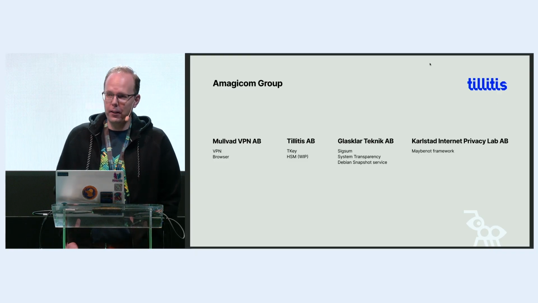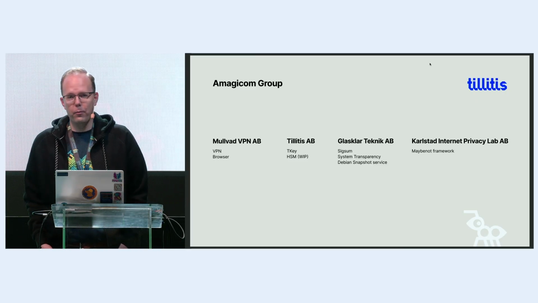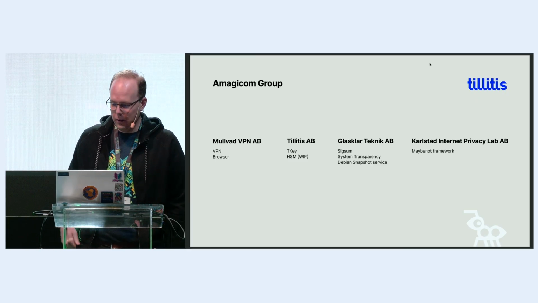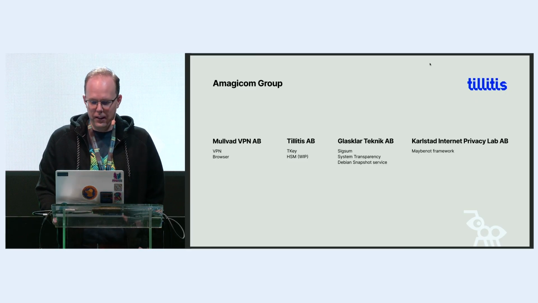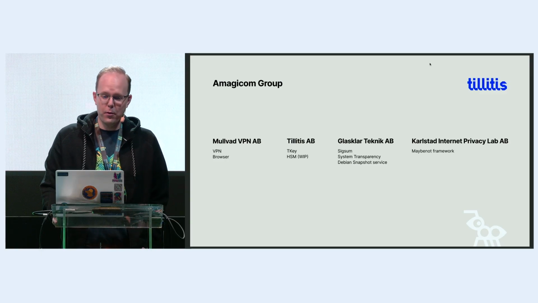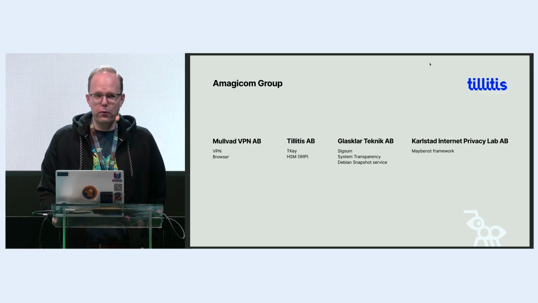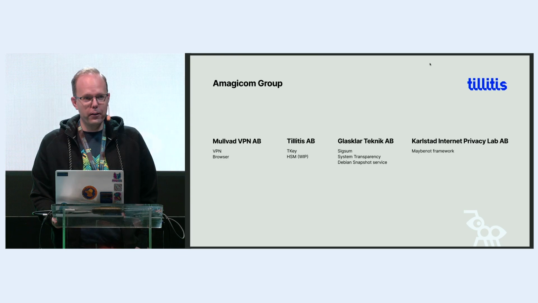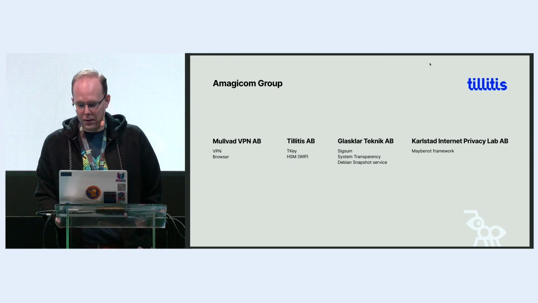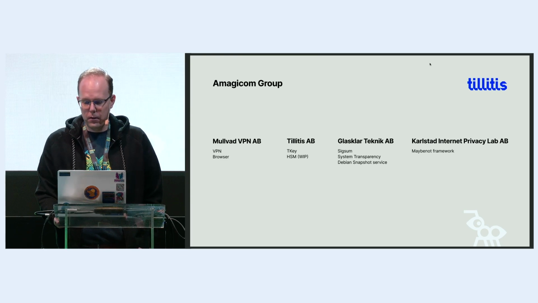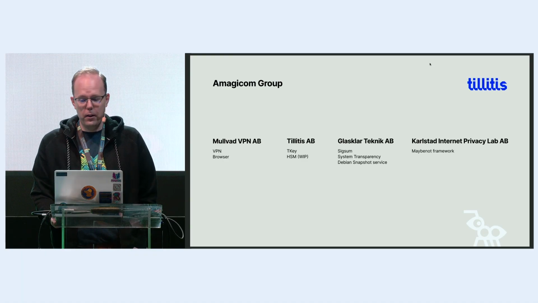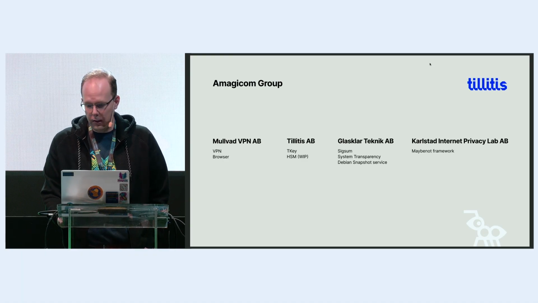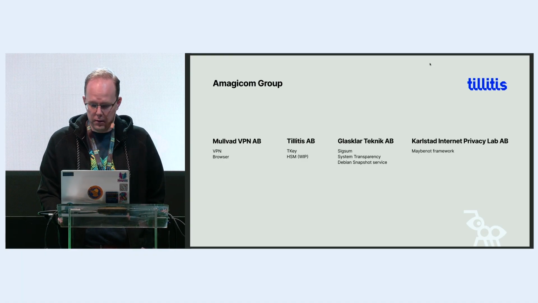On paper, right now it's a glorified bootloader, but we keep getting distracted building transparency logs and hardware. And now we also run the Debian snapshot service, which is a few hundred terabyte disk array with a bunch of Debian packages. And there's Karlstad Internet Privacy Lab AB, which does traffic analysis defense against AI-based classifiers.